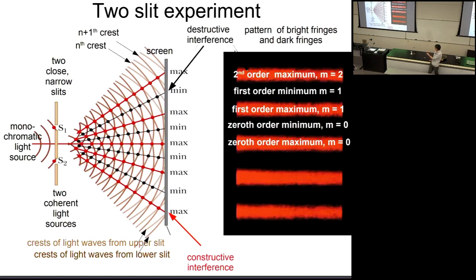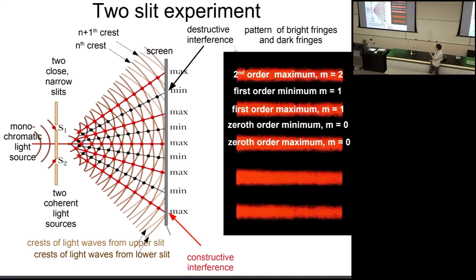Light from both sources is shining over here, but at these locations that line up with the black dots, you actually see no light because of destructive interference. Light from each slit is arriving there, but they're destroying each other in destructive interference. This is the pattern you would see on the screen. So this is a diagram, but this is a real photograph of two-slit interference showing the pattern.